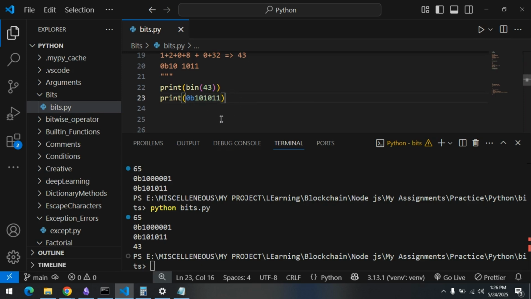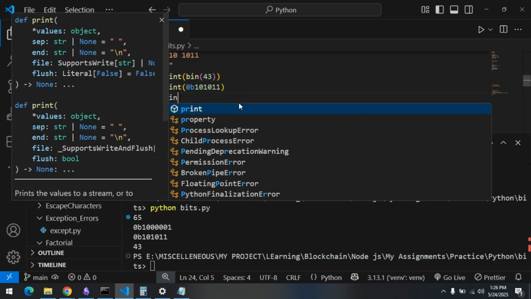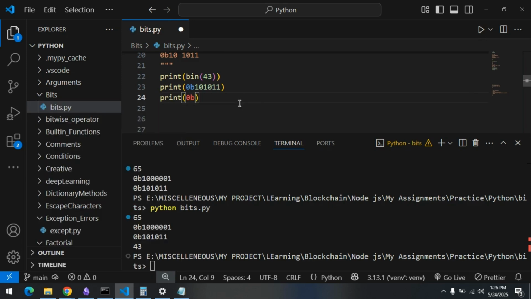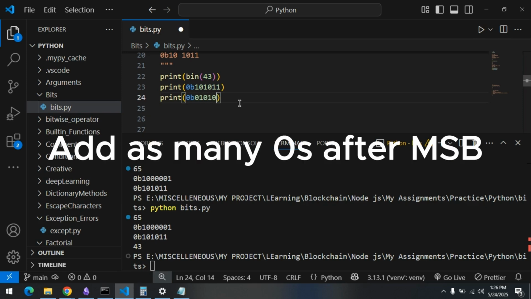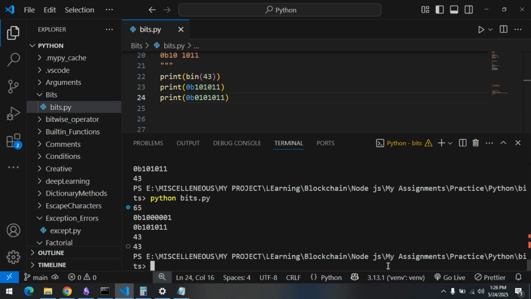The first digit should be a 0, so all the numbers after the most significant bit are all zeros. Okay, but they're all imaginary. You don't need to write all the zeros. So you can just add 0b, and then write the binary code. Just copy it and paste it over here without a space.